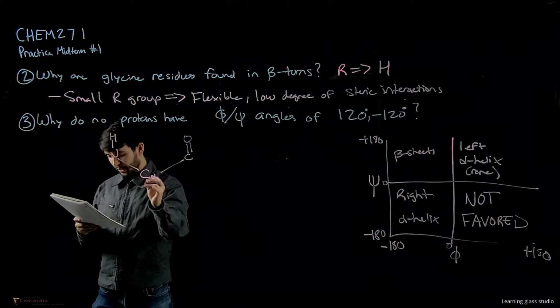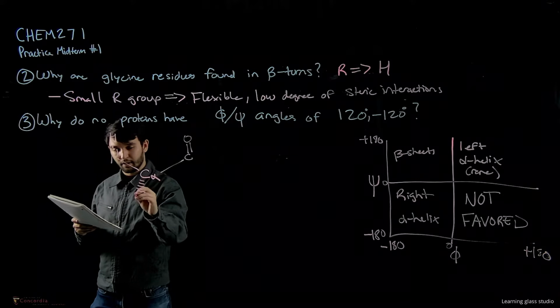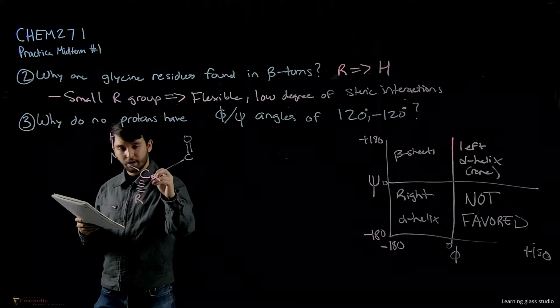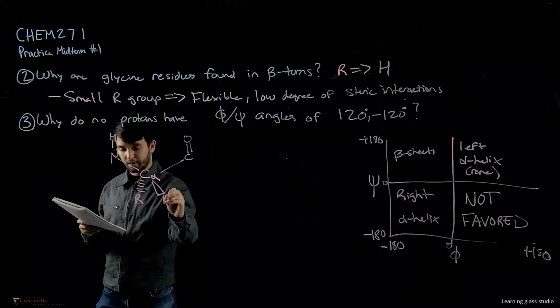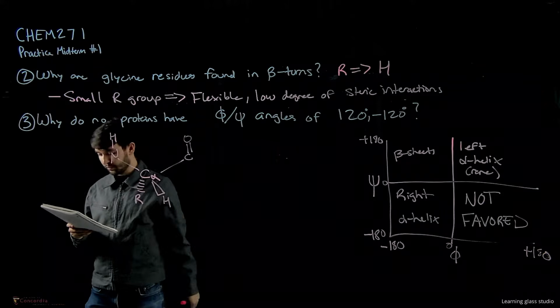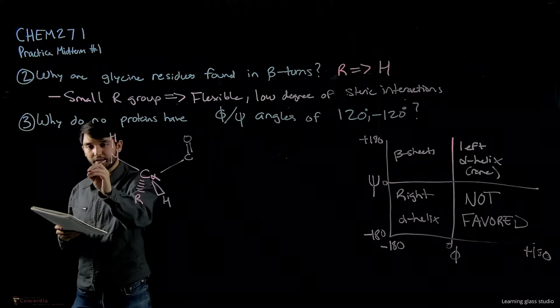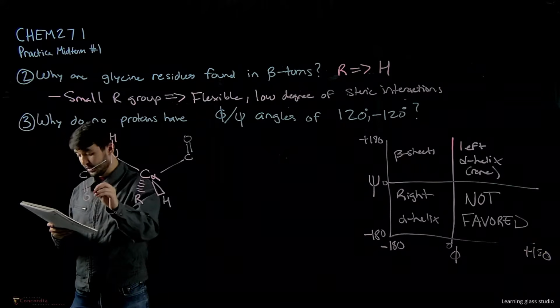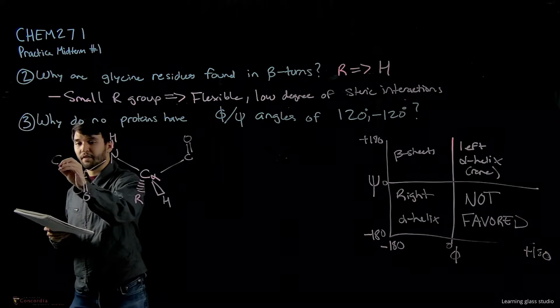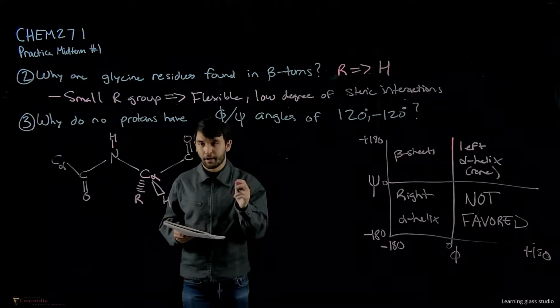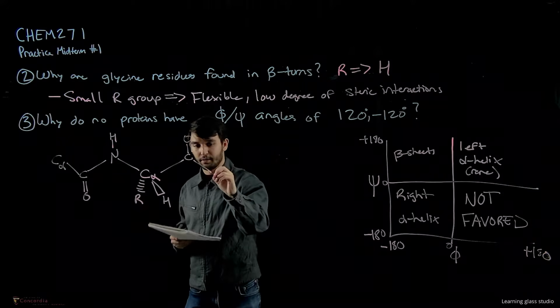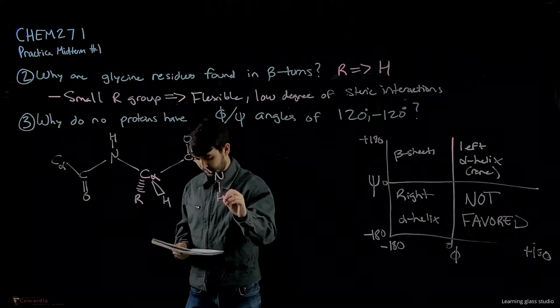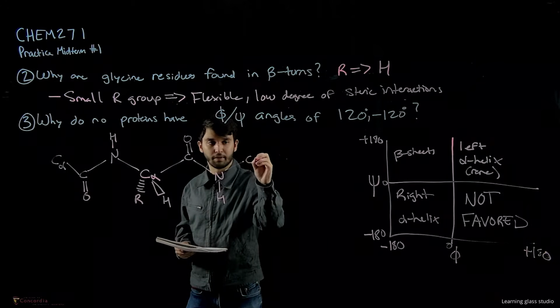Okay, this alpha carbon has an R group going into the page and a hydrogen coming out of the page. So on the alpha carbon, that's what we have. This is connected to another carbonyl, and then this is connected to another alpha carbon over here. On this side, this is connected to a nitrogen, and this is connected to an alpha carbon.